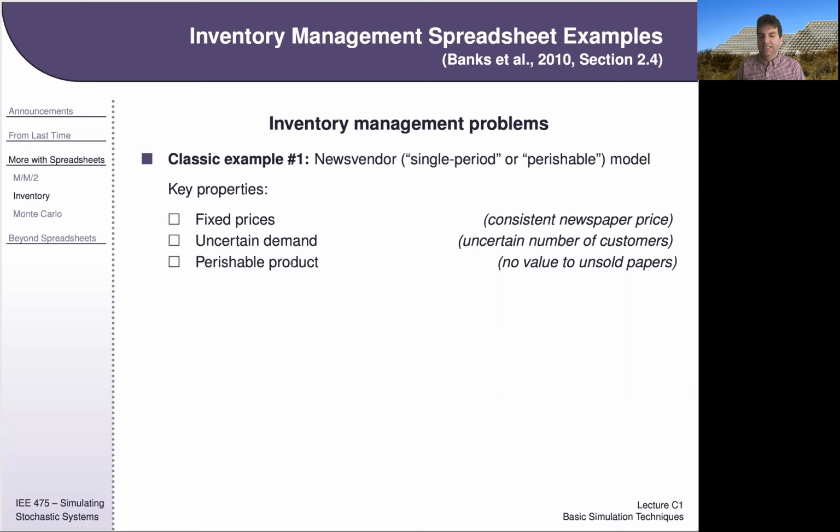In the case of newspapers, which is the mental model you're supposed to have here, though you're supposed to be able to think of other things, the newspapers have a constant price. We know we can sell them for, say, 25 cents a newspaper. We have no idea how many people will buy newspapers a day. And if we have unsold newspapers at the end of the day, they're perishable because nobody wants to know the news of yesterday today.